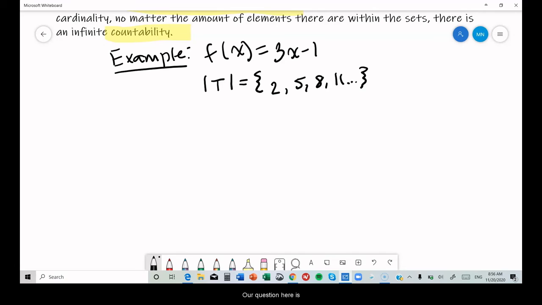Now, our question here is if the set T is countable.